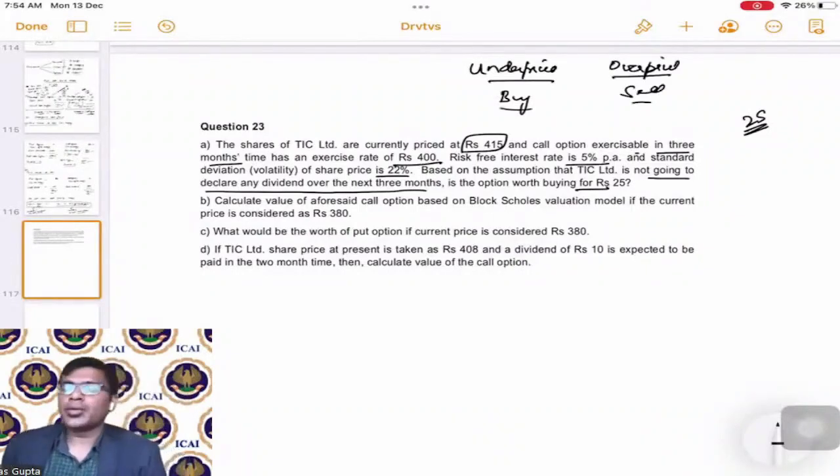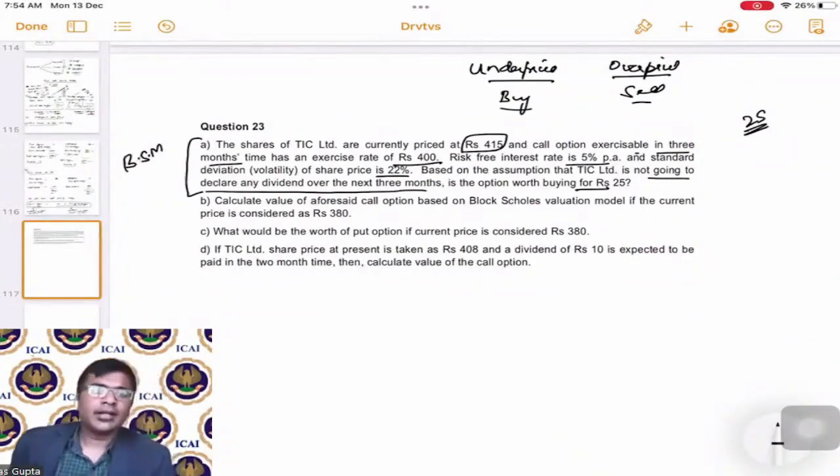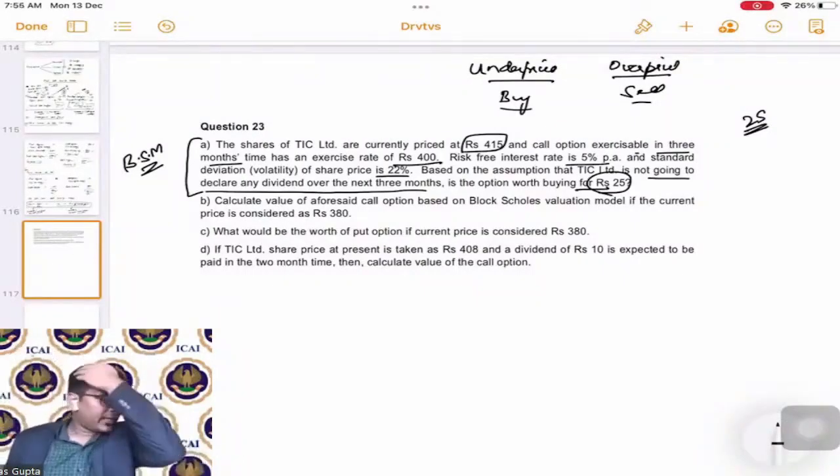Now, how do we come to know that something is underpriced? We will come to know once we know the theoretical minimum value, and the theoretical value needs to be calculated here using the Black-Scholes model. First, we have to derive the theoretical value of the call option, and we have to compare that with 25 to give a final conclusion whether it is worth buying or worth selling. Correct?